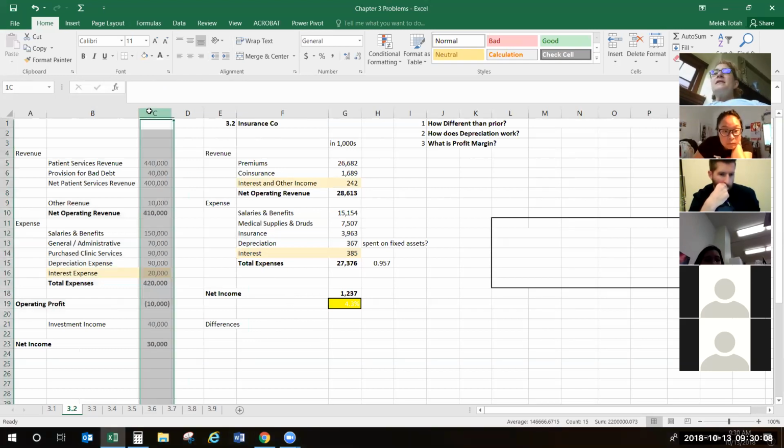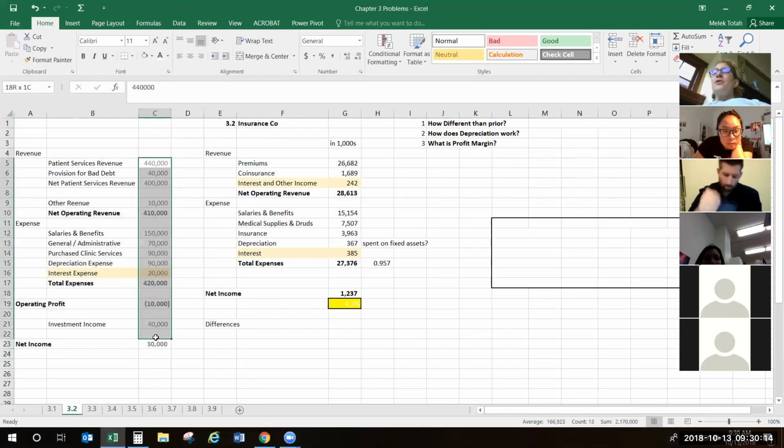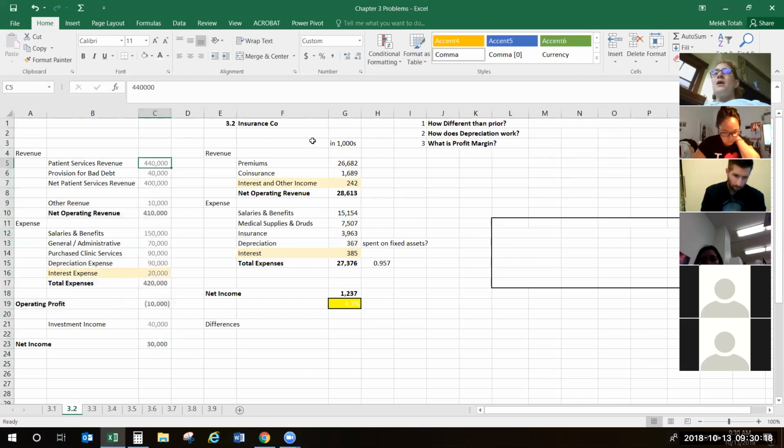This P&L, or profit statement, is in dollars. So you know that $440,000 is, for instance, the revenue. Here, what is this profit? What is this number actually? The 26,682. Is that 26,000 or is it some other number? It's 26 million, right?